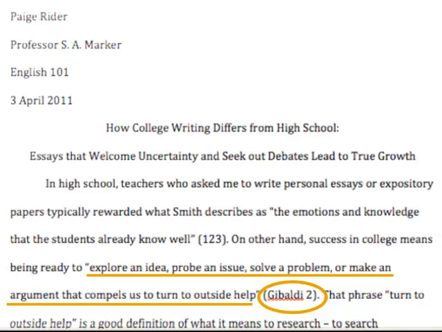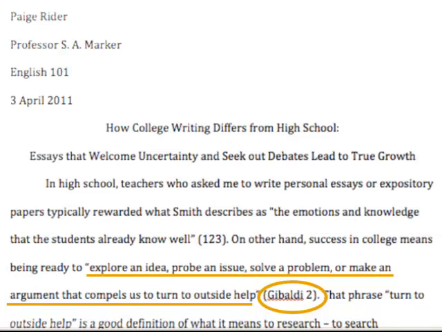You'll notice that the in-text citation, and we'll talk about how we punctuate these next, comes in nice parentheses, and it's by Gabaldi on page 2. Again, probably a lot fewer Gabaldis, but oftentimes people who are being cited have written lots and lots of different things.